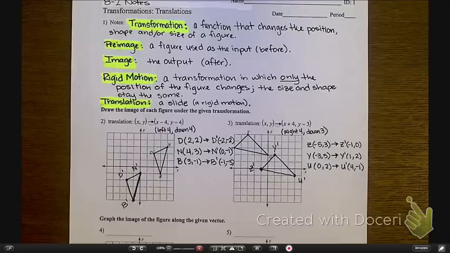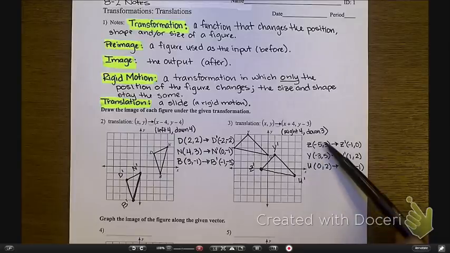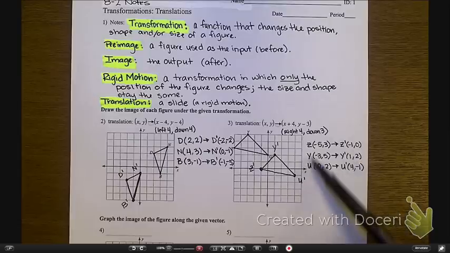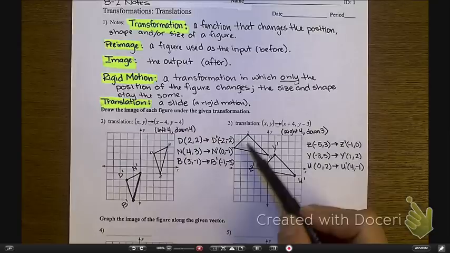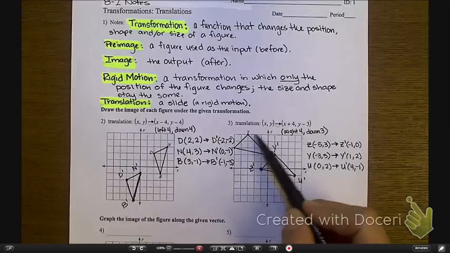Okay, so go ahead, take a look at where the image of the shape would belong. And if you did the coordinates, these were the original coordinates. These were the pre-image, and this was where the image coordinates were, okay? And so if you just check, we're going right 4, down 3, right 4, down 3, right 4, down 3 from every single point.